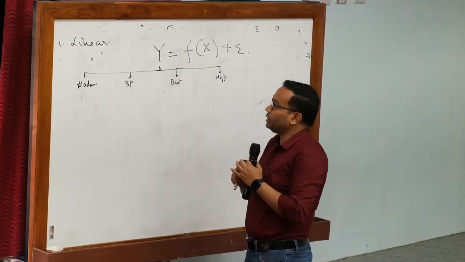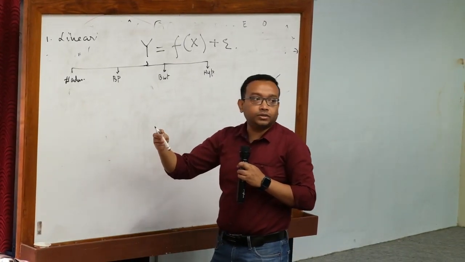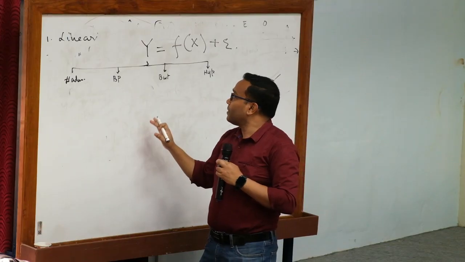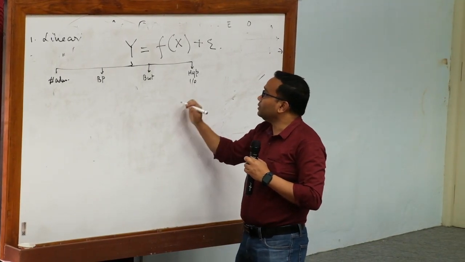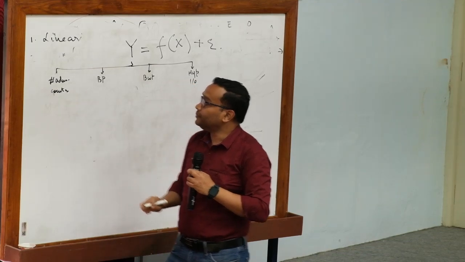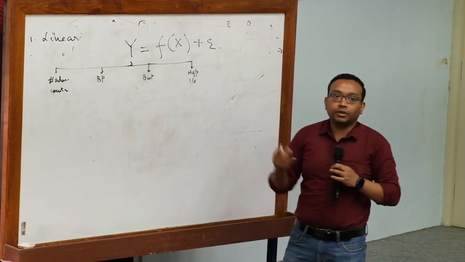So blood pressure is measured in what? It's a continuous variable. Birth weight, again, continuous variable. Hypertension is 1, 0. Number of admissions are counts. But all of them are regressions.